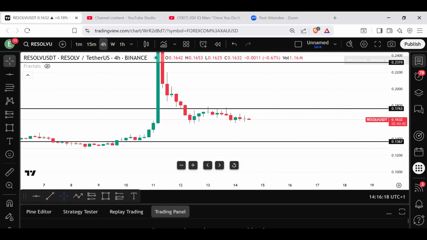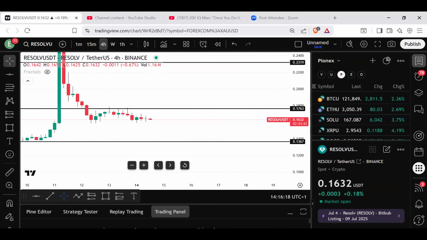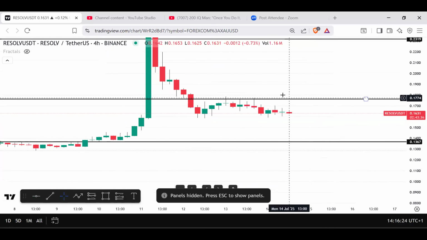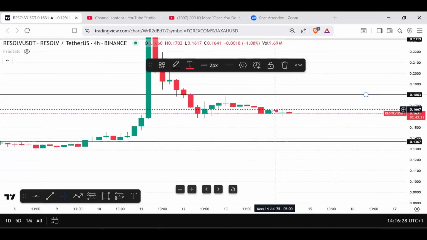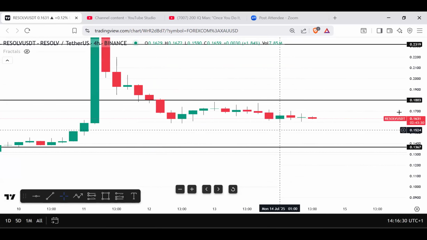The chart should not be too rough, and I'm using this horizontal line to get the level.